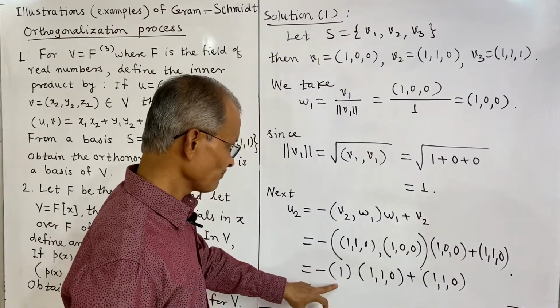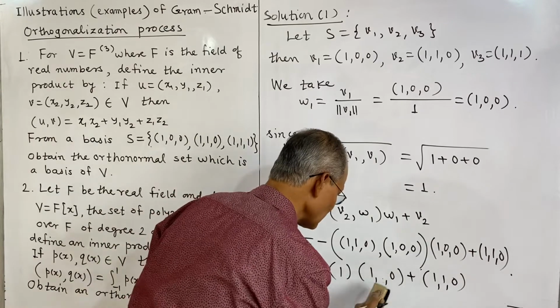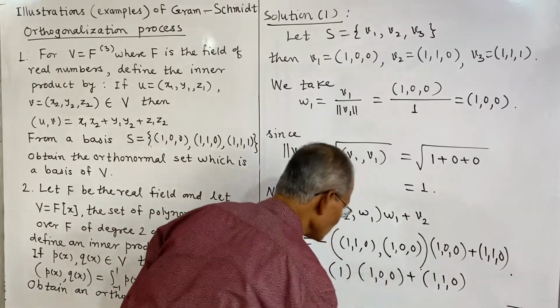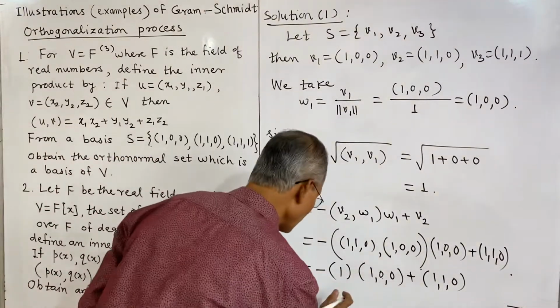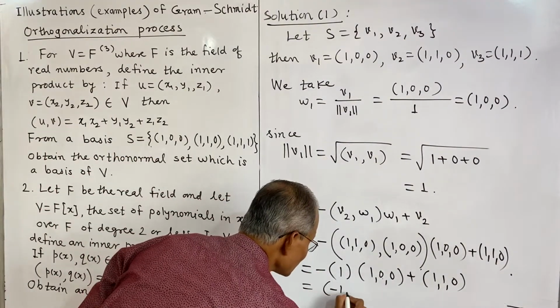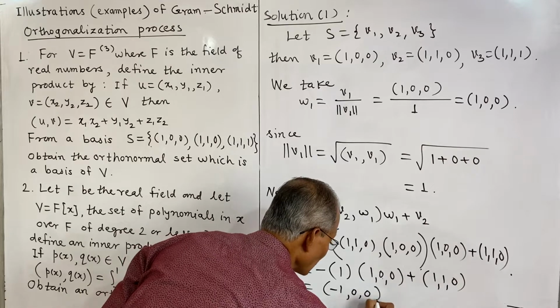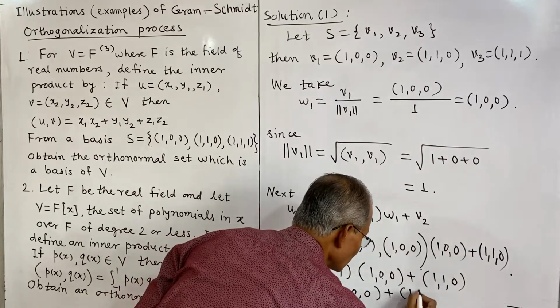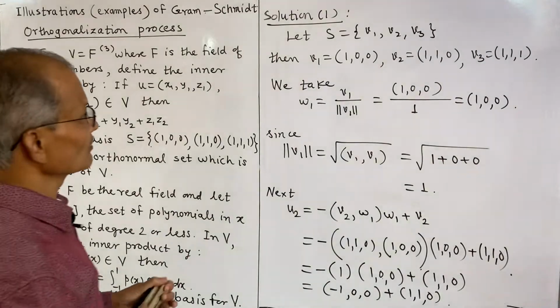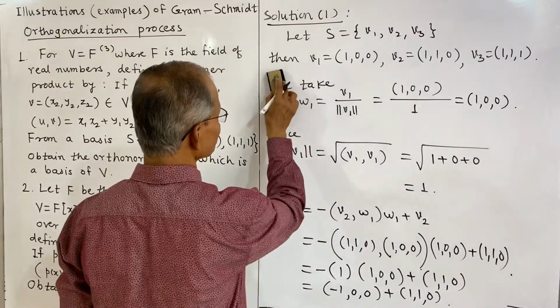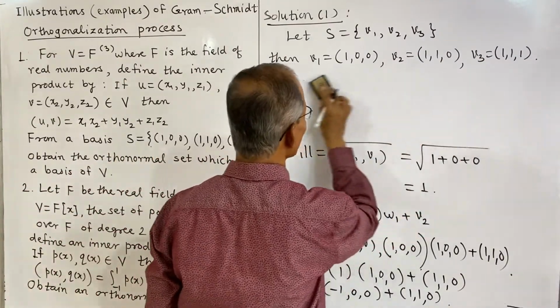So this is 1 and only this vector is 1 0 0, and therefore, now you see, this will be minus 1 0 0 plus 1 1 0, and thus U2 will be, W1 we have obtained.